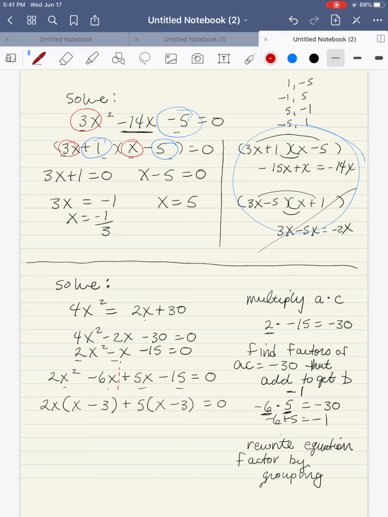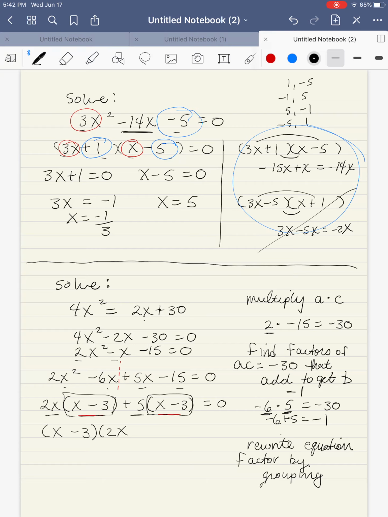All right, now watch what happens here. Notice that this and this are exactly the same. If they are not exactly the same, then I've done the factoring by grouping incorrectly, or factoring by grouping doesn't work. But because this and this are exactly the same, I can factor that out. I can factor out the x minus 3. And when I factor the x minus 3 out from here, I'm left with 2x.